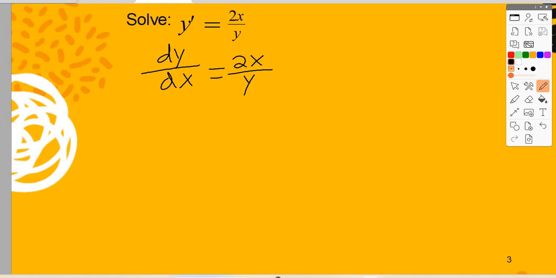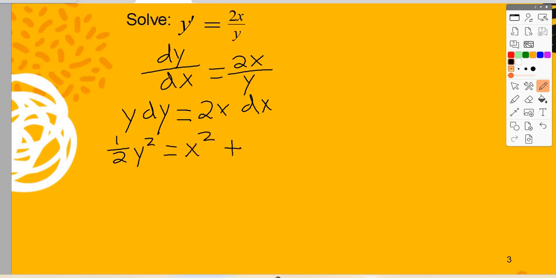Alright, so we first need to multiply by y, multiply by dx. So it's pretty straightforward to get them by themselves. Then I take the antiderivative, and I get 1/2 y squared equals x squared, and we don't want to forget our c, so we get x squared plus c on the right hand side.